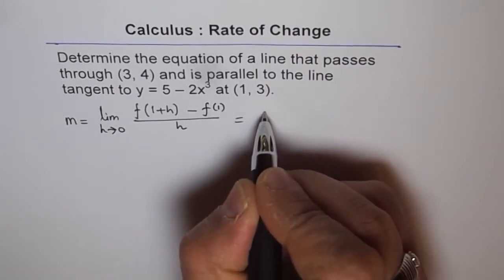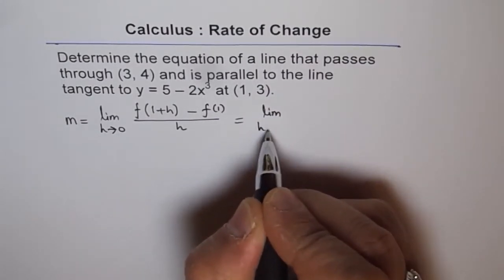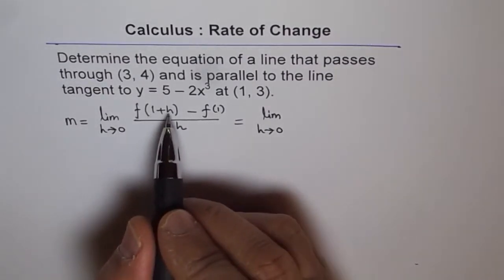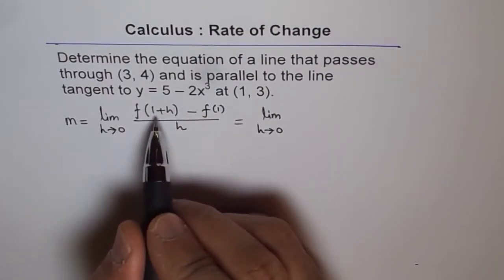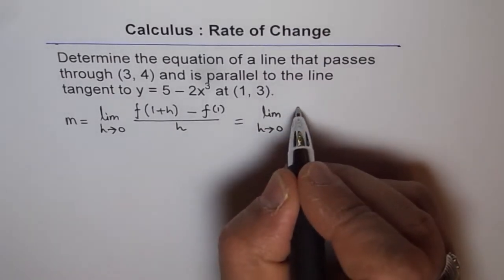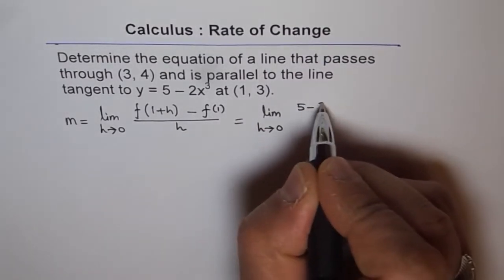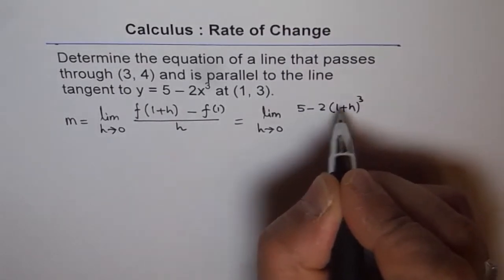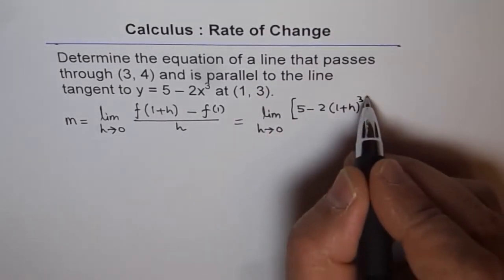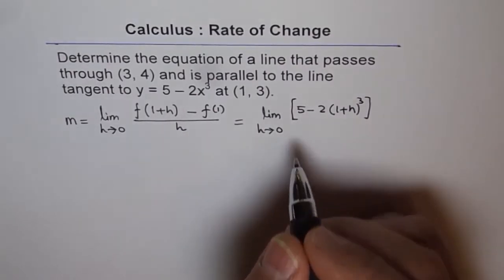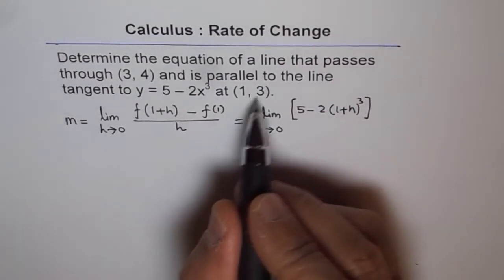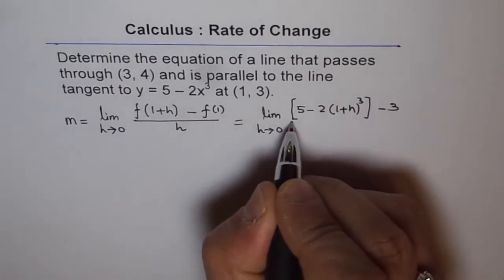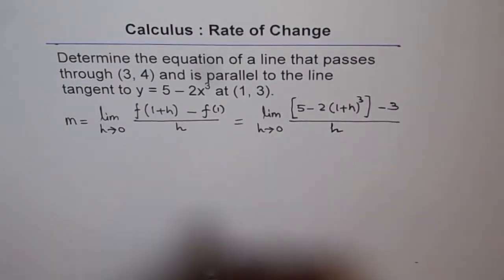Now this could be written as limit h approaches 0, and f(1 + h) is what? Replace x with 1 + h. So we get 5 - 2 times (1 + h)³. So that is the first part, f(1 + h). Now f(1) is 3, given to us. So let's write minus 3 here, divided by h, right?